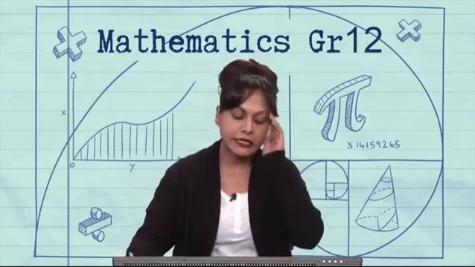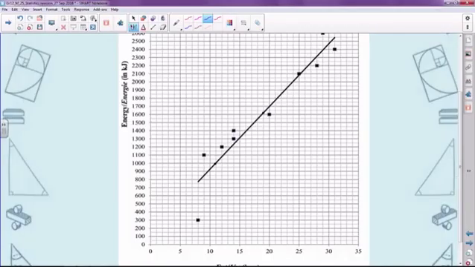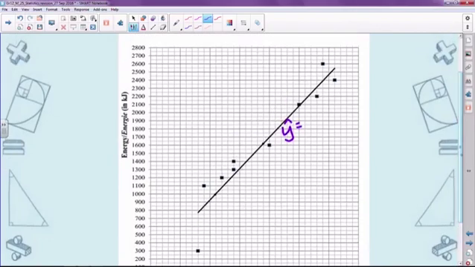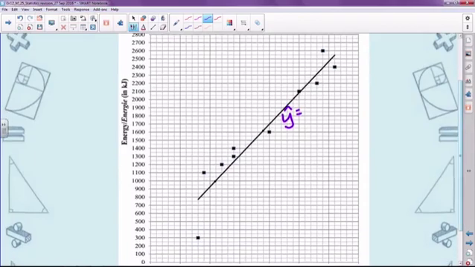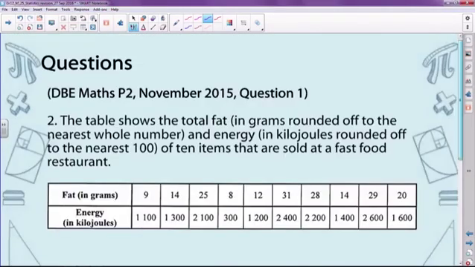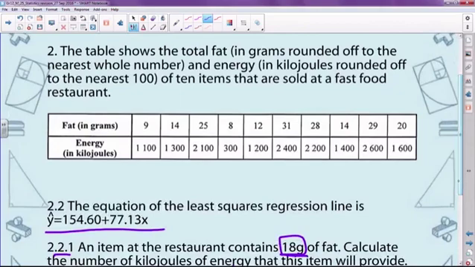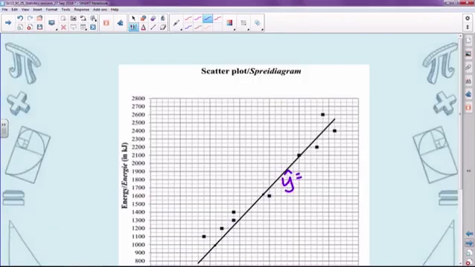I've simply taken the equation of the least squares regression line and put that over by using whatever method you use to draw a straight line, gradient intercept method, or you use your dual intercept method. The quickest way that you can draw this one is probably gradient intercept method. You will then take this line that they gave to you, which is 154,60. Let's just write this on this side.